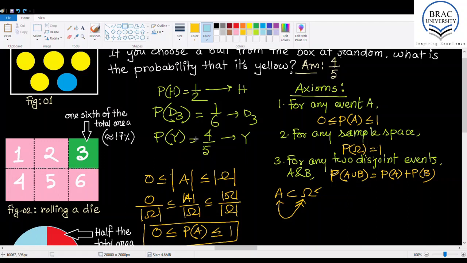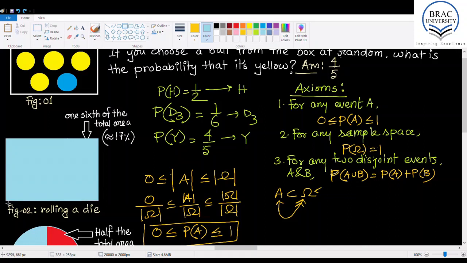All right, so if we try to increase the area of this region, then the probability increases. We are going big, so the maximum area that an event can cover will be the area equal to the sample space.